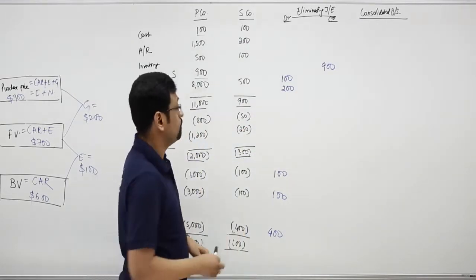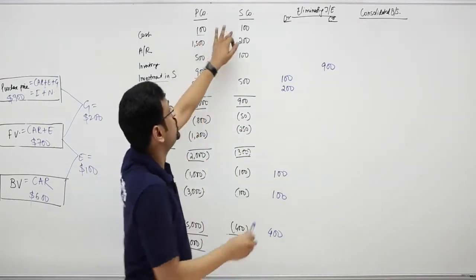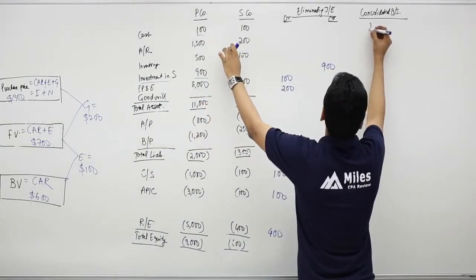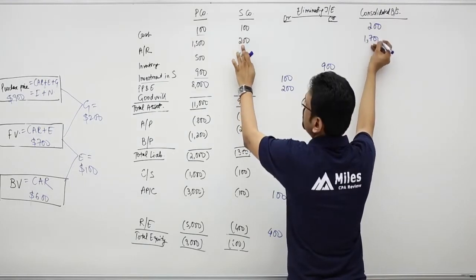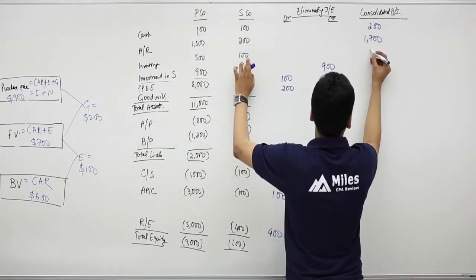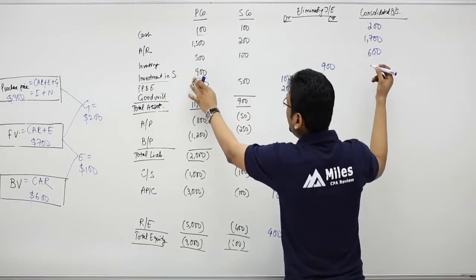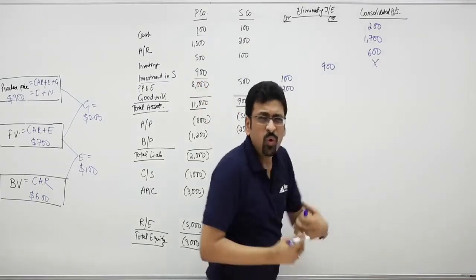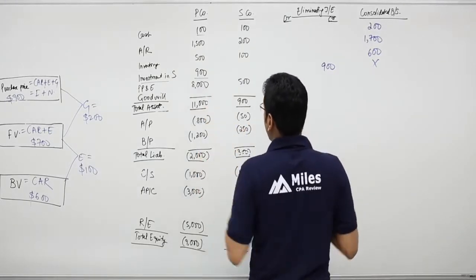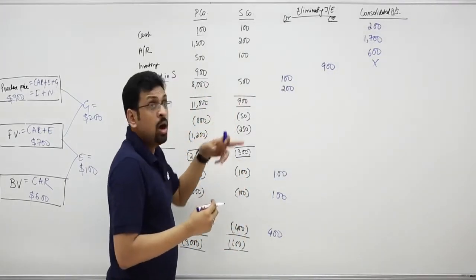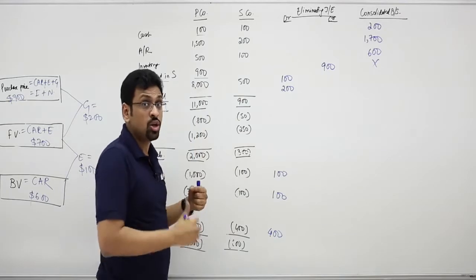Now simple sum. So once again, my cash, your cash, our cash. My receivables, your receivables, our receivables. My inventory, your inventory, our inventory. My investment in you? No, we won't have it on the consolidated financials. PP&E, my PP&E, your PP&E. But my PP&E is at historical cost, book value.